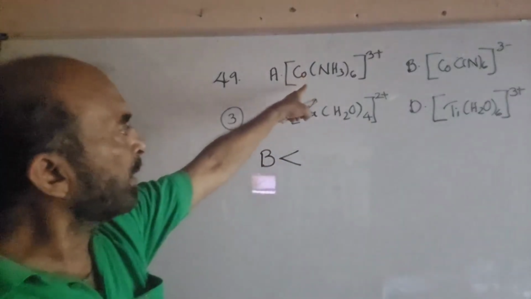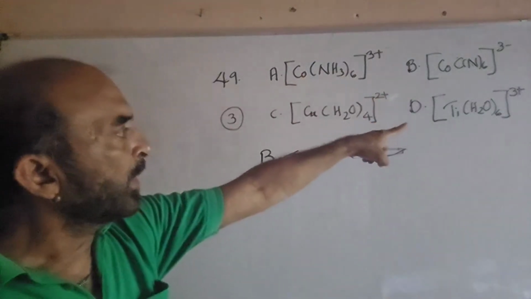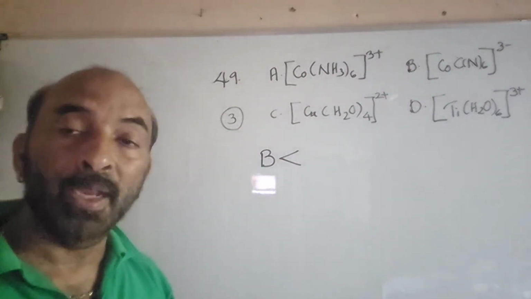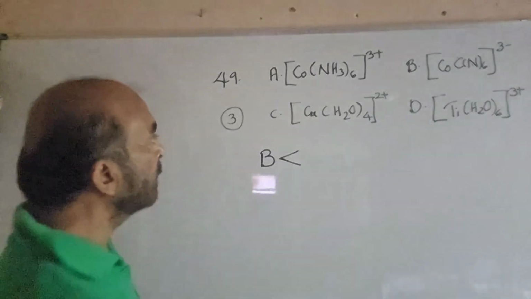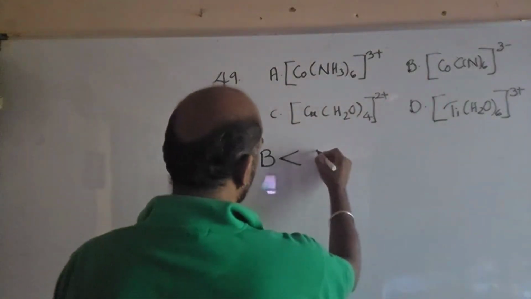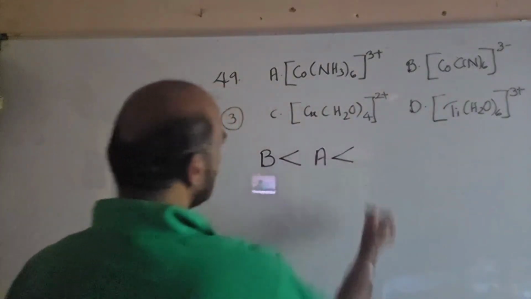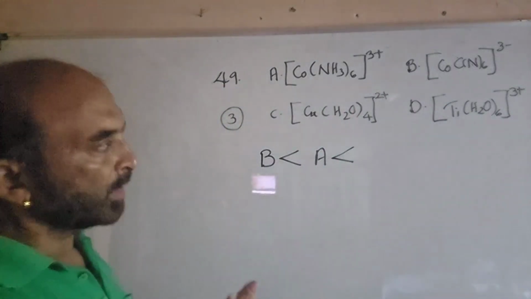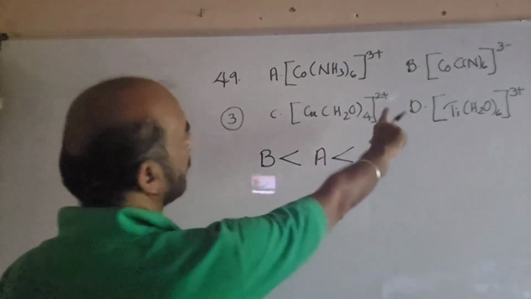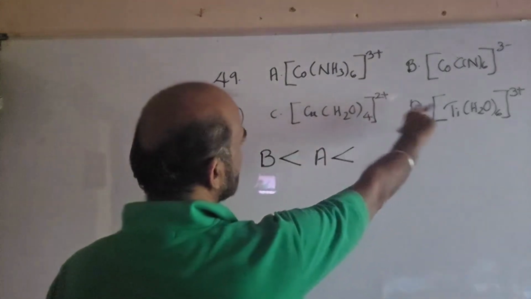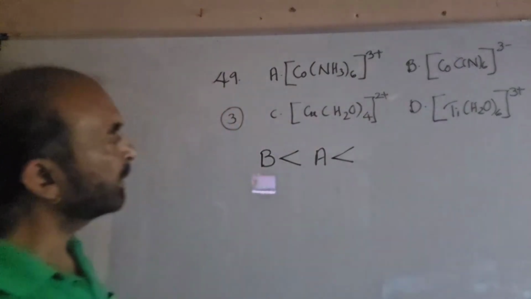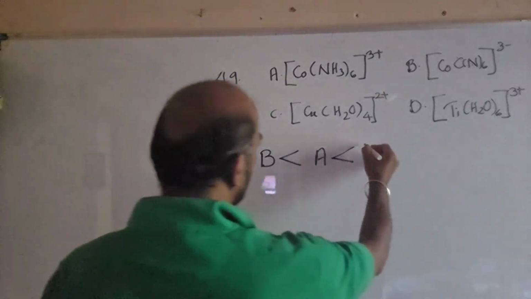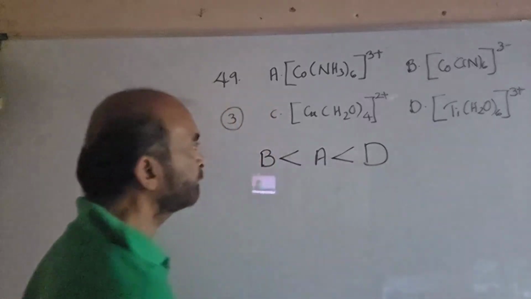Second one, here ammonia is the ligand, there water is the ligand. We know ammonia is a stronger ligand than water molecules, so we expect A to be the next one, followed by, now these two complexes both have water as ligand, but here the charge is 2 plus, there the charge is 3 plus, so we expect D to be the third case.